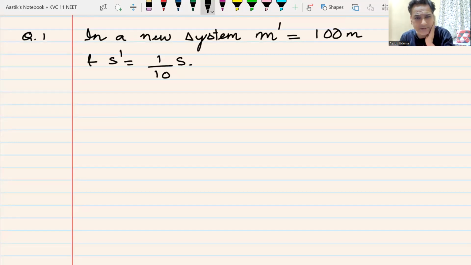What do we mean by m here? M here stands for our meter, or SI, original SI unit. What does S stand for here? M stands for meter, our SI unit, and S stands for seconds, our SI unit for time. Do we understand this?